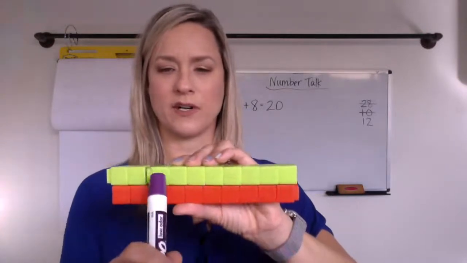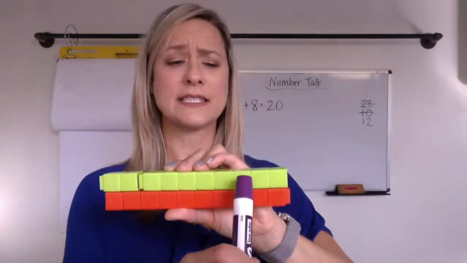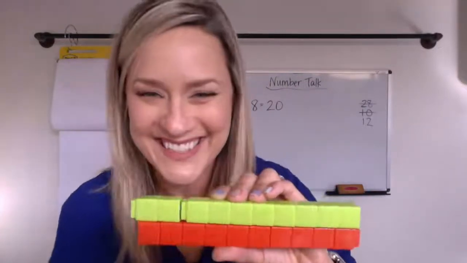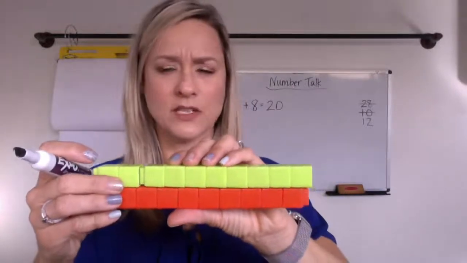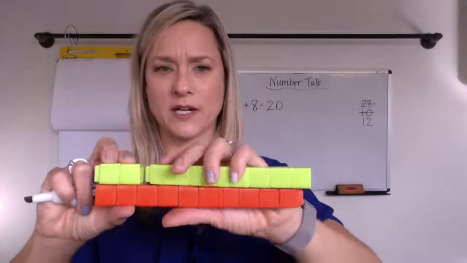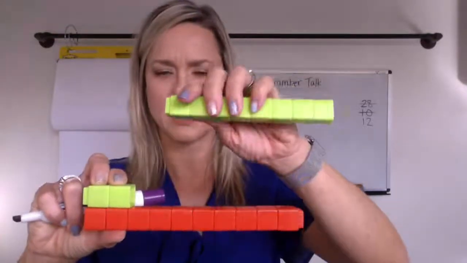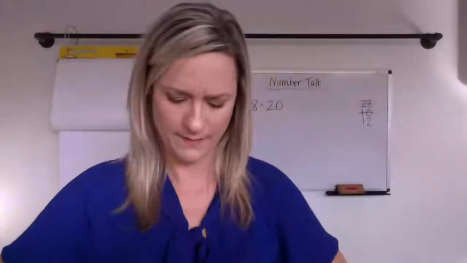Ready? 1, 2, 3, 4, 5, 6, 7, 8. Okay, so there's our 8. But still, altogether, it makes 20. We know that. So this must be our starting number, the pieces that aren't 8. So this must be it right here. So 12 must be our starting number, right?